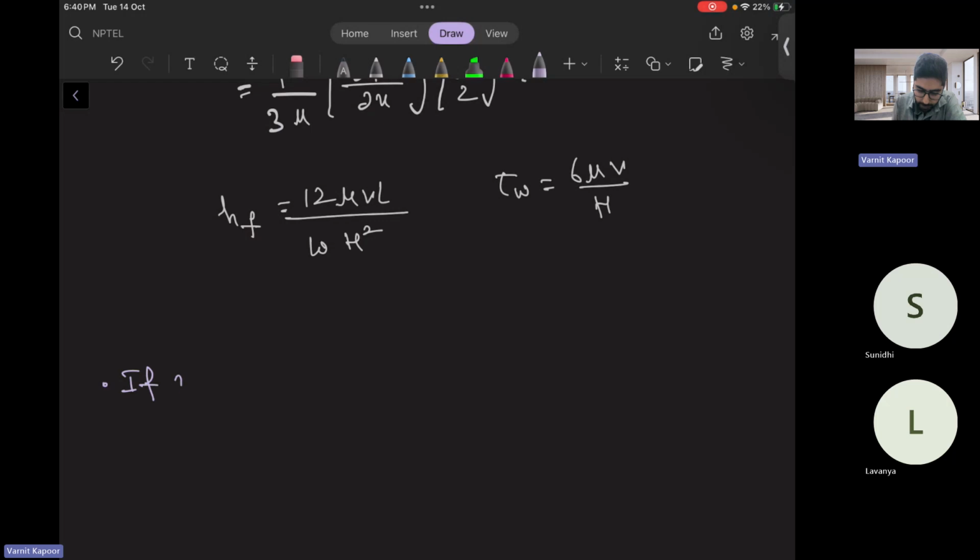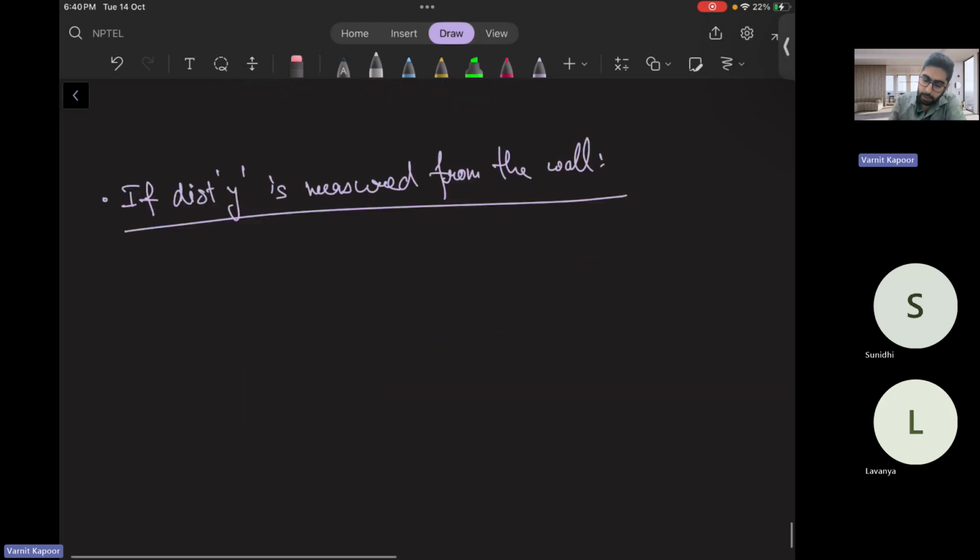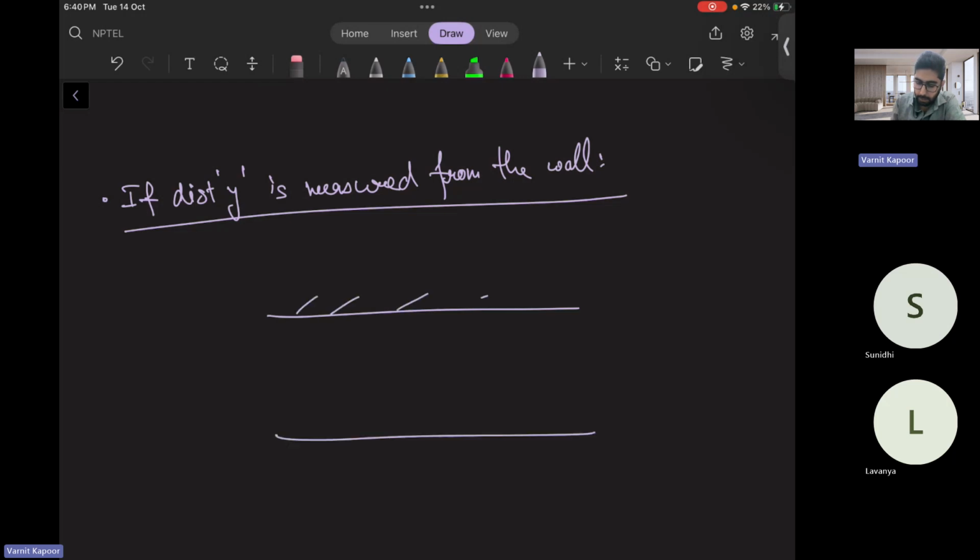If distance y is measured from the wall, then what will you do? So I'll again draw the figure. This is my central line.